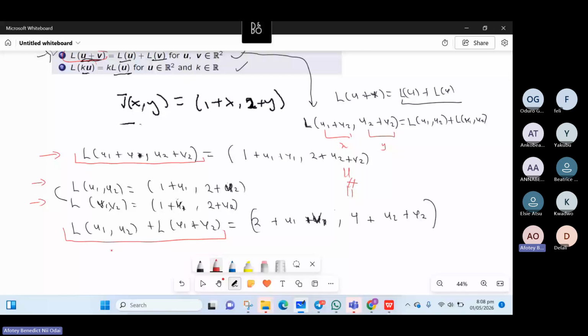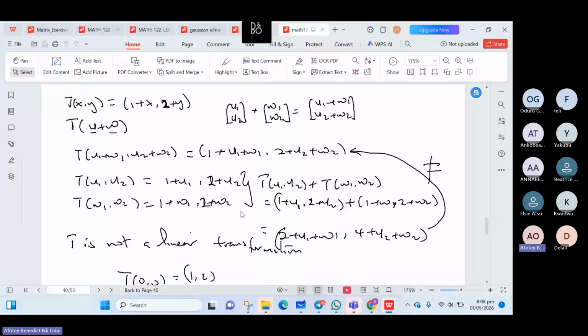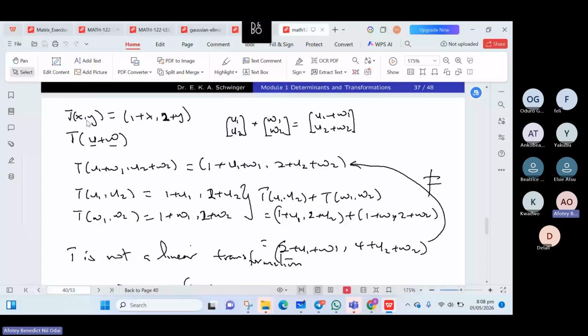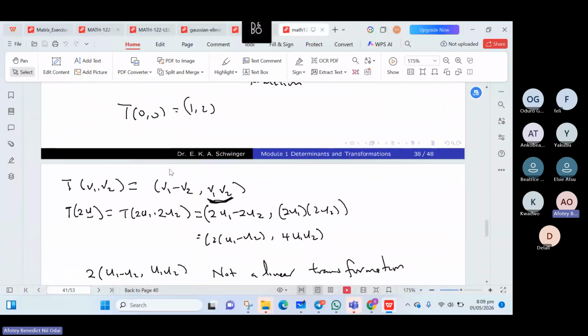And there are some examples that have been solved in the slides, right? So let's see what they had. Basically, they wrote T, they gave you these two values, they separated them so that it becomes in the form of the formula that you've been asked to prove. They found U and V first, they got this expression, therefore it is not a linear transformation.